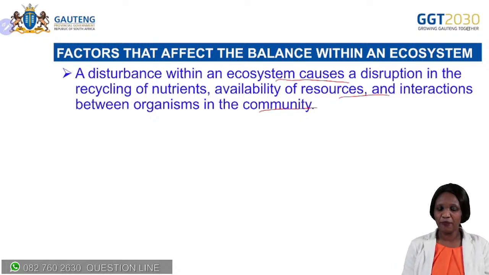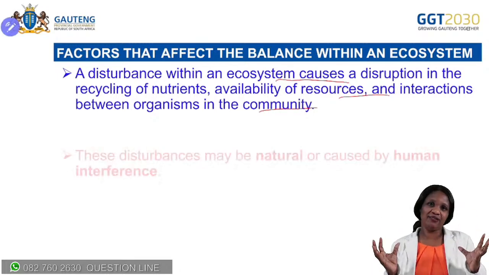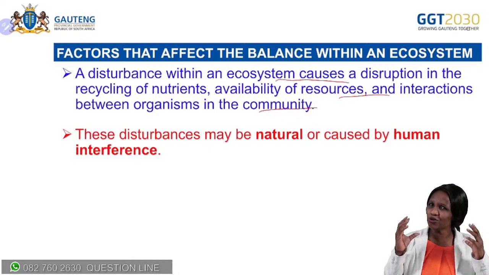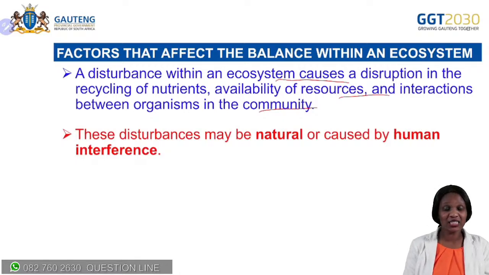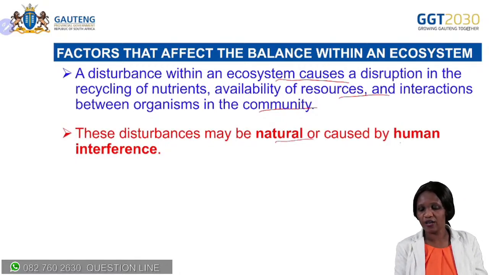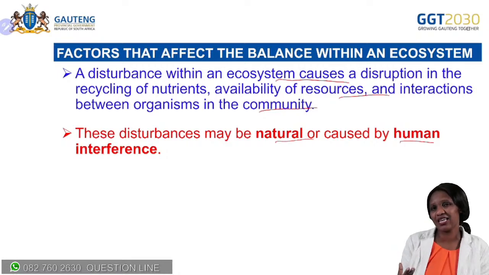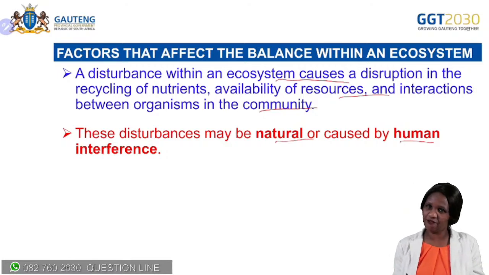Because the ecosystem must be maintained. Right. We must sustain our resources. We must not overuse the resources, because we want to protect the resources that we have for future generations to enjoy as well. All right. These disturbances may be natural or even human interference. Some disturbances are natural. We don't have control over the natural disasters, but we've got control over human interference. Do you get that?